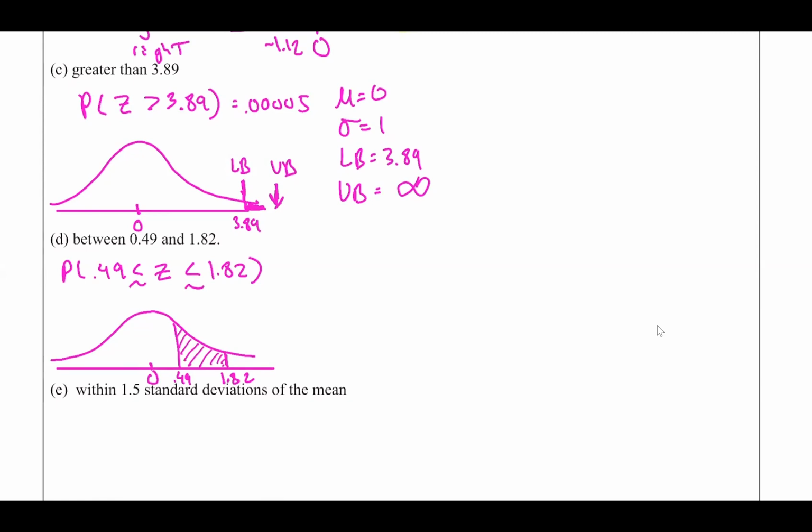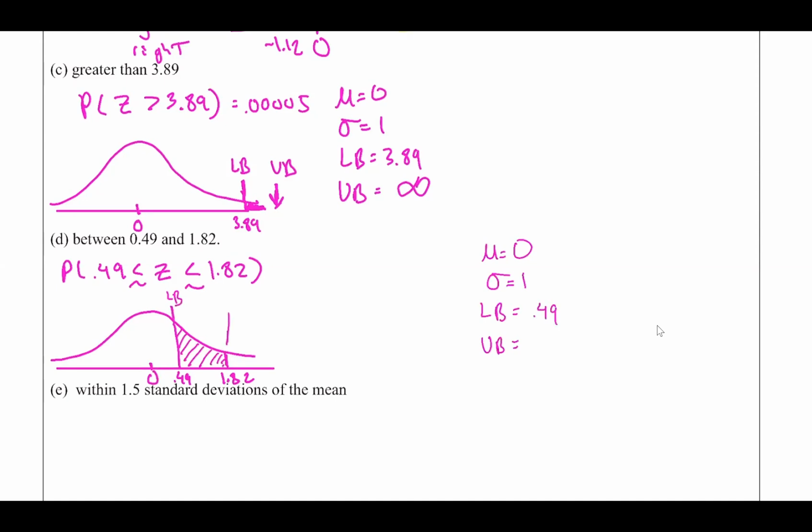Whenever it says between two numbers or two Z values, essentially you shade the middle portion. So once again, what's our mean, which is 0? What's our standard deviation, which is 1? What's our lower bound, and what's our upper bound? My lower bound has a cutoff at 0.49.